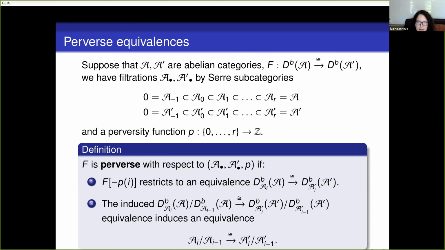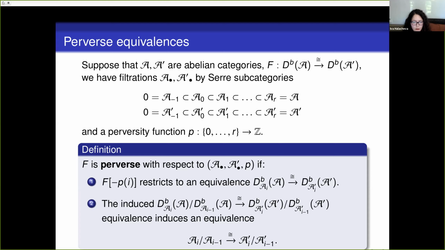Then we say that it's perverse if on each of the composition factors of the filtration, it is t-exact up to shift using the t-structure on these triangulated categories. And this shift, which we have to apply to get t-exactness, might depend on which composition factor we're working with.